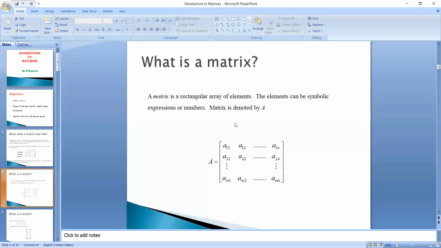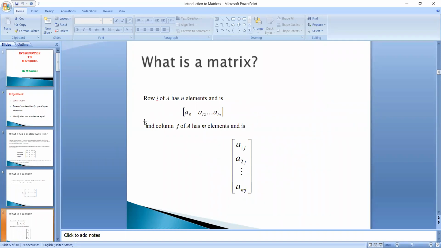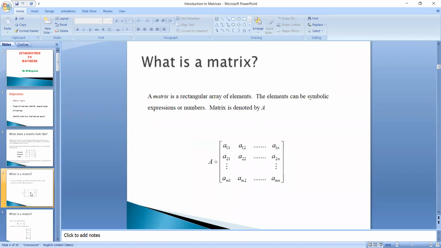So you are already aware of this matrix. Next, what is the ith row of this matrix? Ai1, Ai2, Ai3, and so on to Ain is the ith row of this matrix. What about the jth column elements?